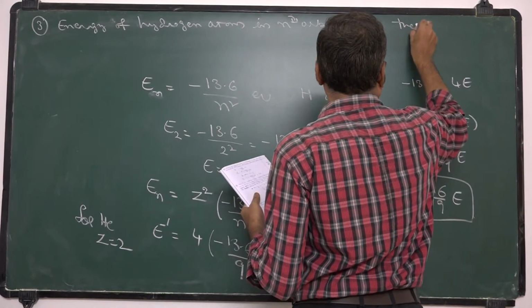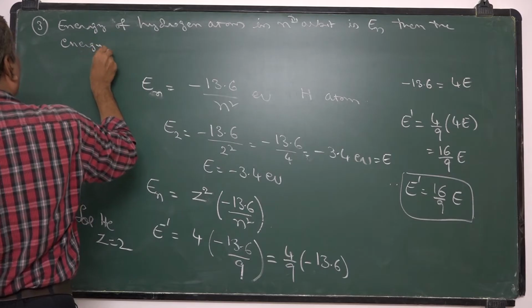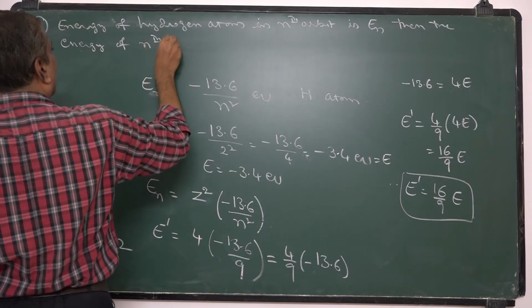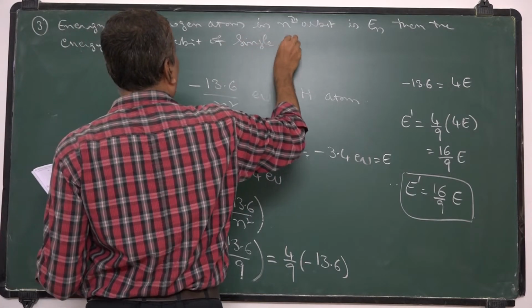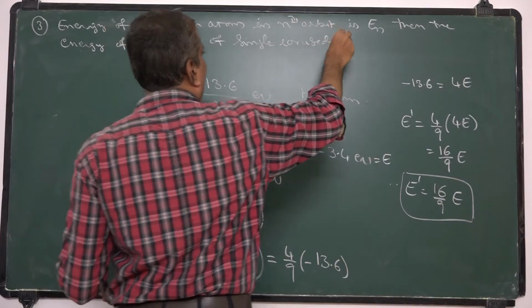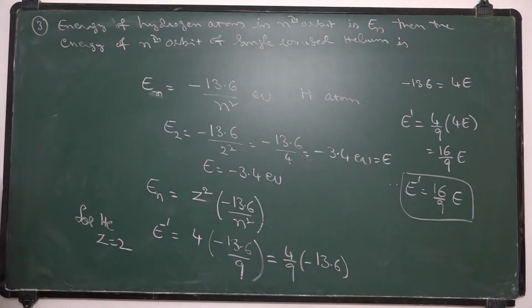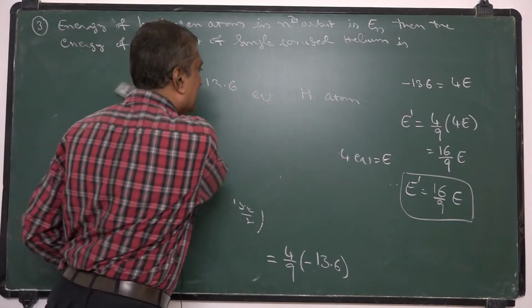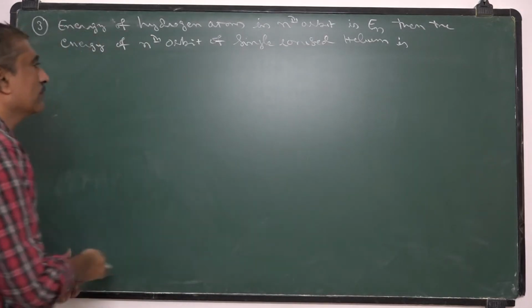Then the energy of nth orbit of single ionized helium is... Okay.